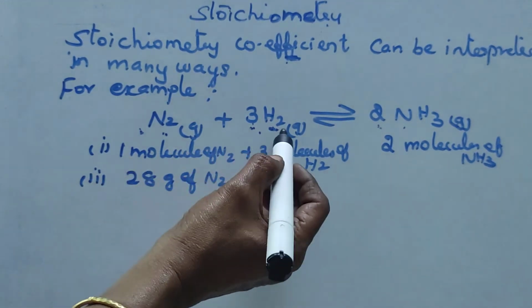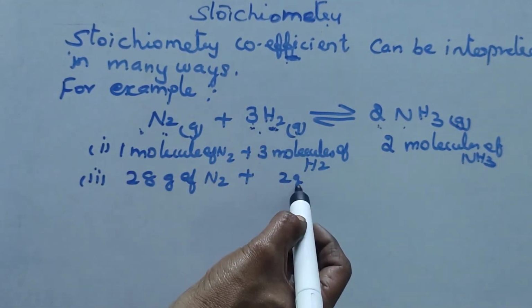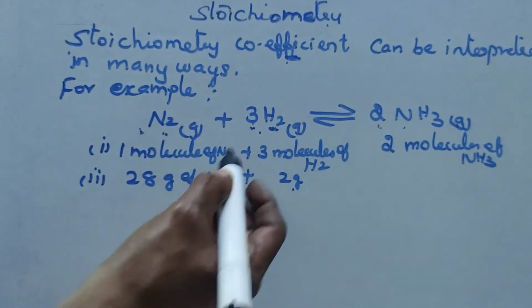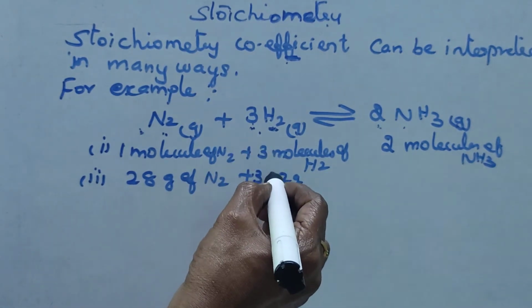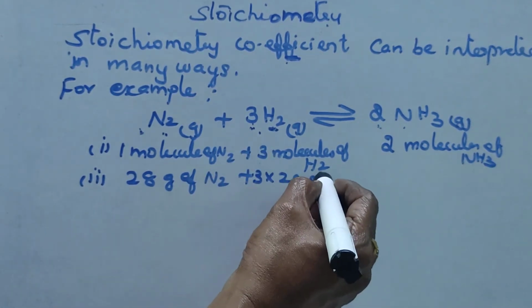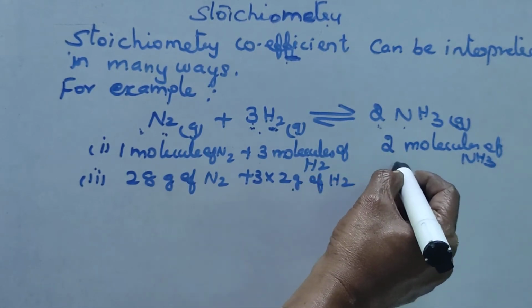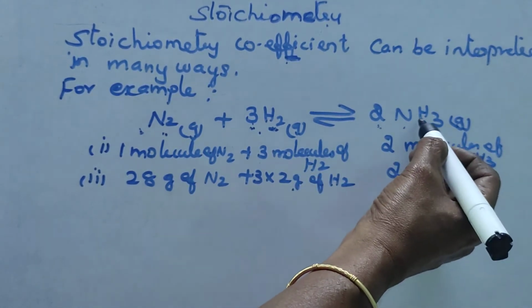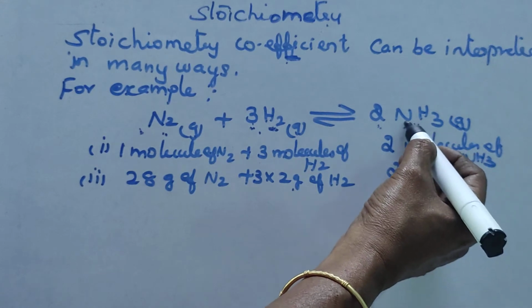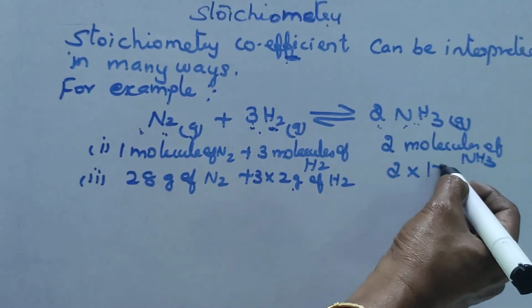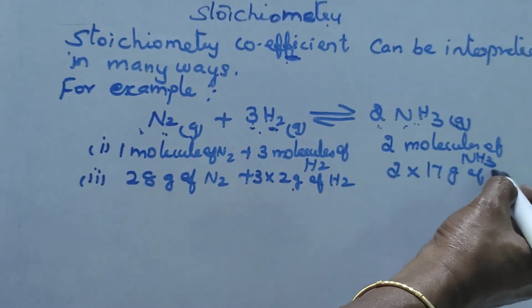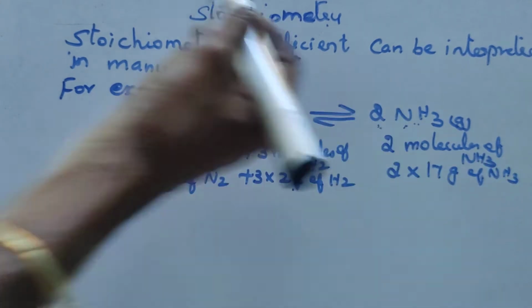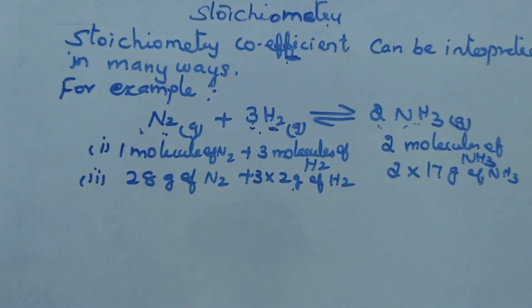That is 1 mole of hydrogen molecule mass is 2 gram. So 3 into 2 gram of hydrogen gives 2 into, here molar mass of ammonia 14 plus 3, 17 gram of ammonia. This is second way of interpretation.